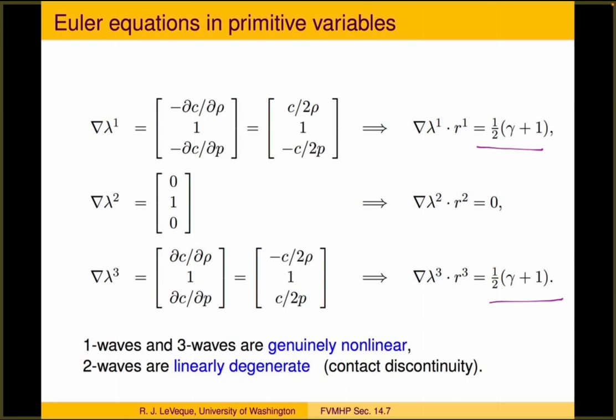Gamma is just some constant. So we have genuine nonlinearity of the one waves and three waves, but the two waves are linearly degenerate because the gradient of lambda is always orthogonal to the eigendirection.